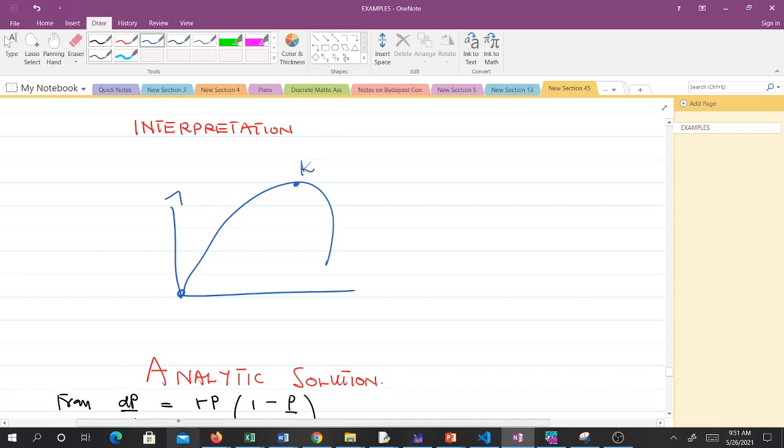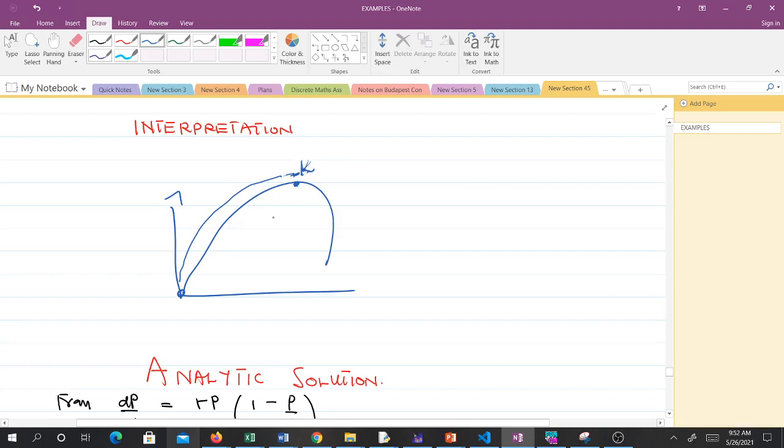So what we can say is that when the population is at 0, it's unstable, so it will continue to grow and grow. But when it gets to k, because k is the carrying capacity, it stabilizes there. It becomes stable over there.